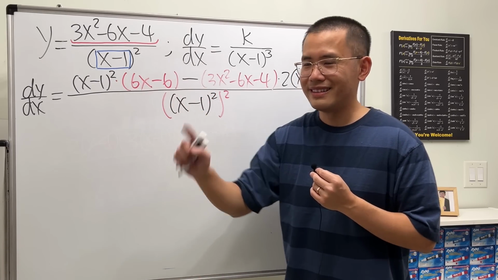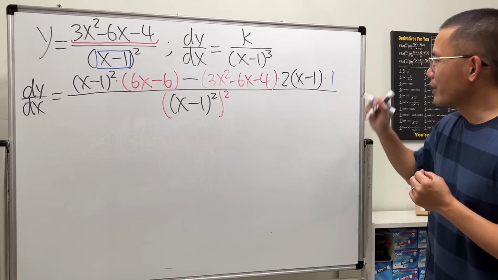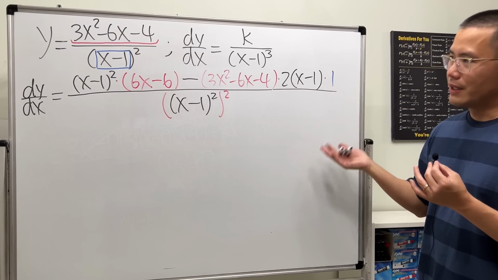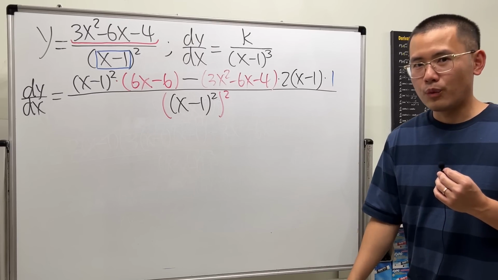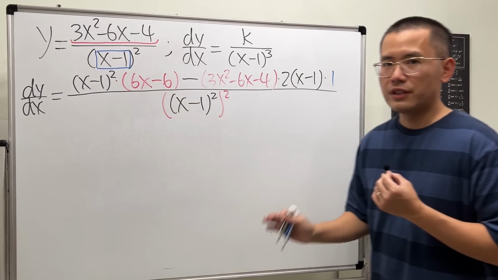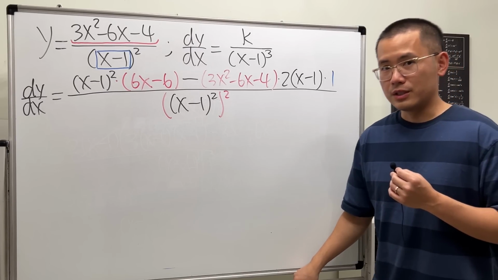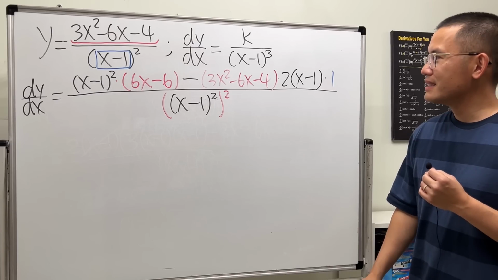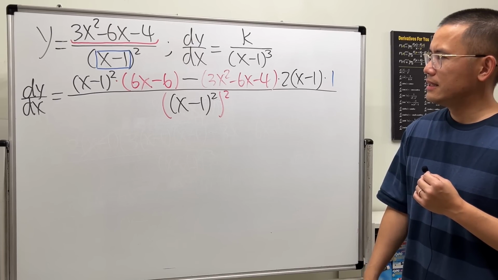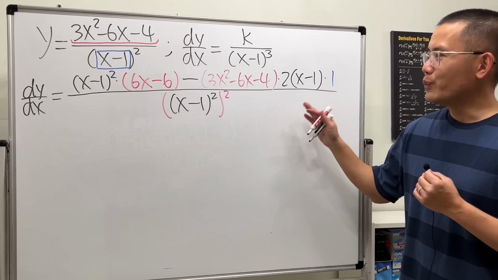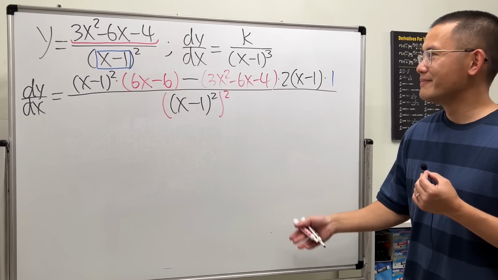It's just 1. So multiply by 1 right here because of the chain rule. This one right here doesn't matter because we're just multiplying by 1, but be super careful. Always check to see if the chain rule matters or not, because we always have to use the chain rule. It's just that sometimes it doesn't matter like this.